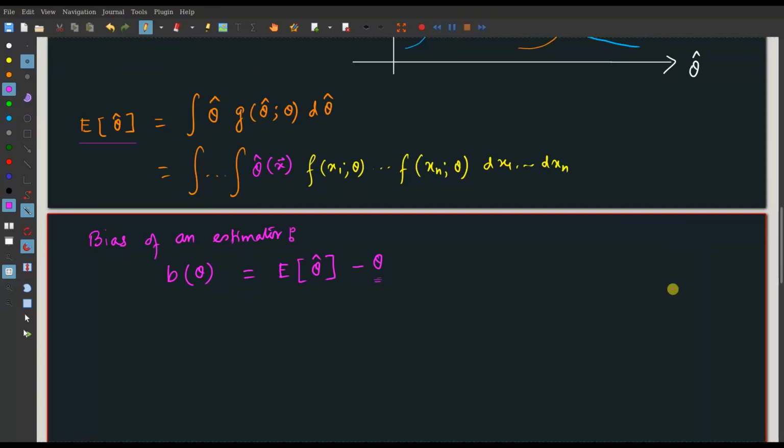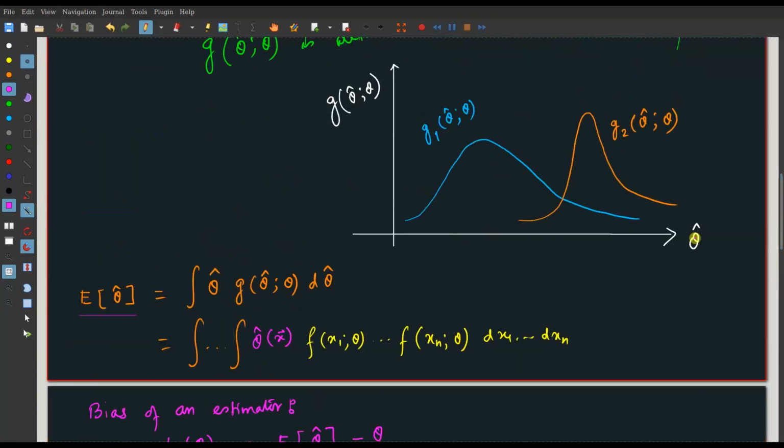Now, for example, let's say the true value of theta is somewhere over here. And you see for the blue distribution, the expectation value will lie somewhere very close here. So this is also the expectation value of theta hat.